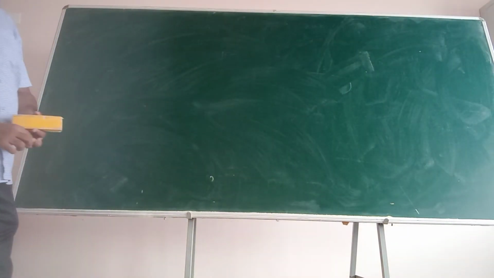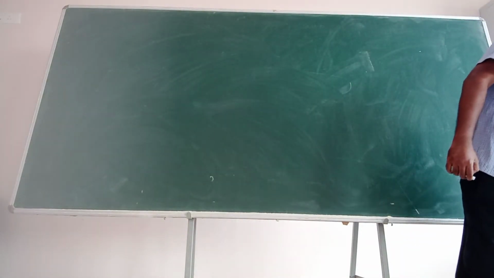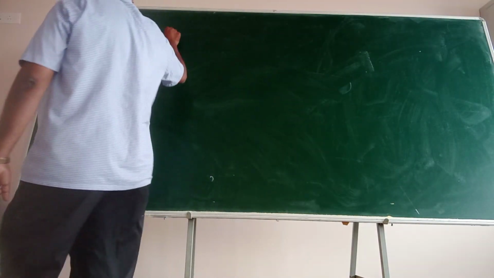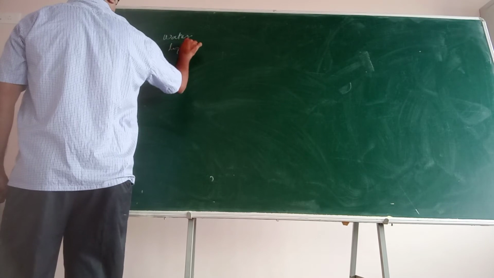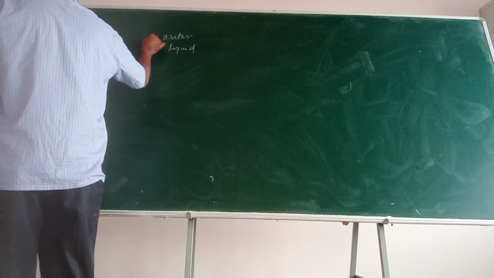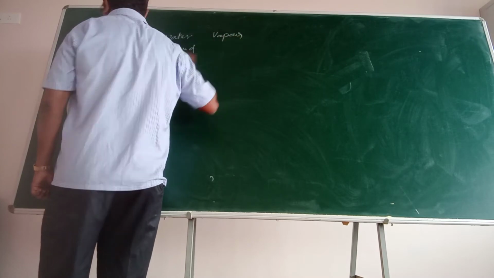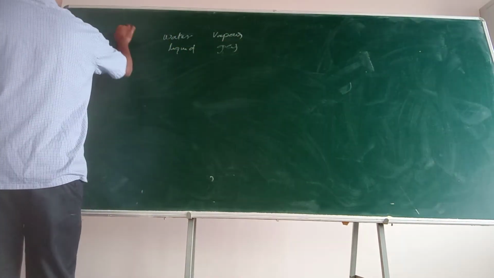So basically we have 3 states of matter, right? Solid, liquid and gas. So if you talk about water, water is liquid. Now water can become vapor also, right? So this is gas and water can be ice also.